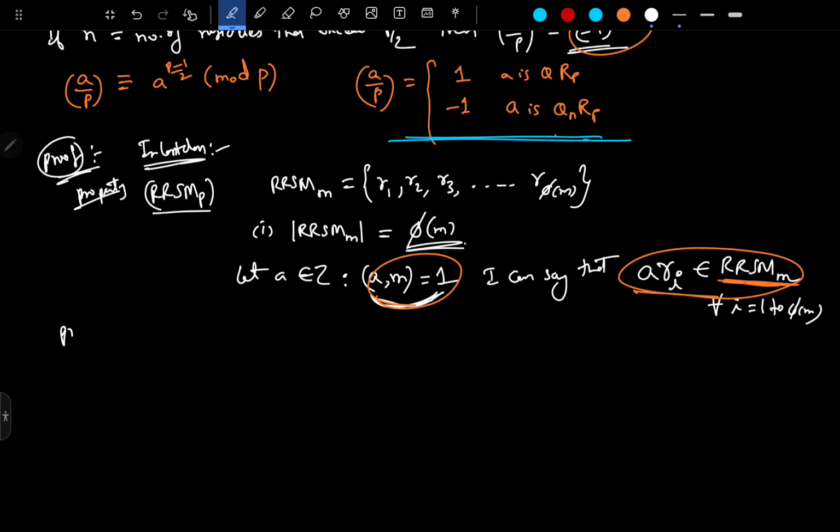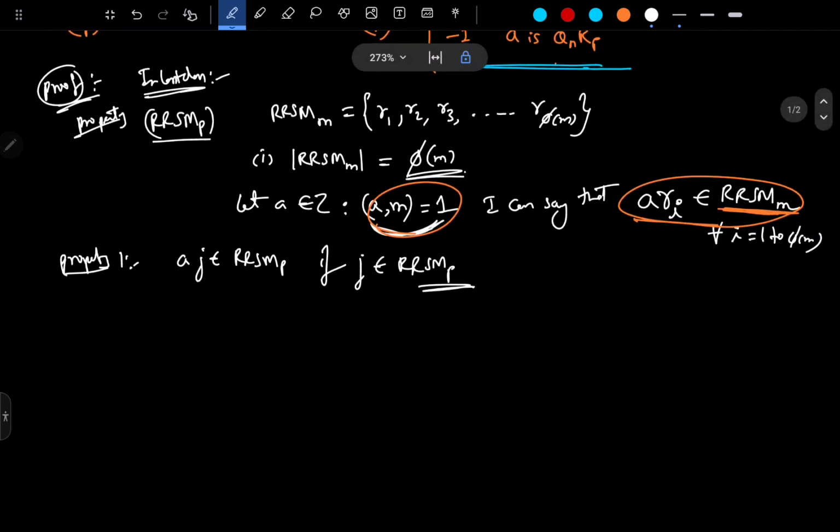So this is what I am writing. Property 1: let's say aj belongs to RRSM p if j belongs to RRSM p. This is the property.